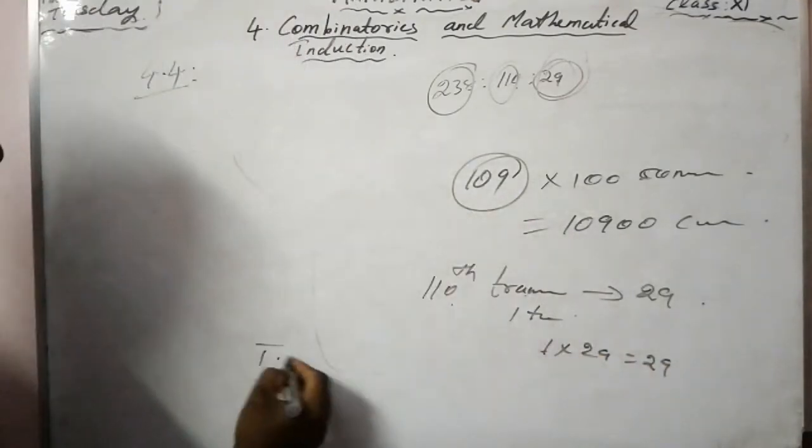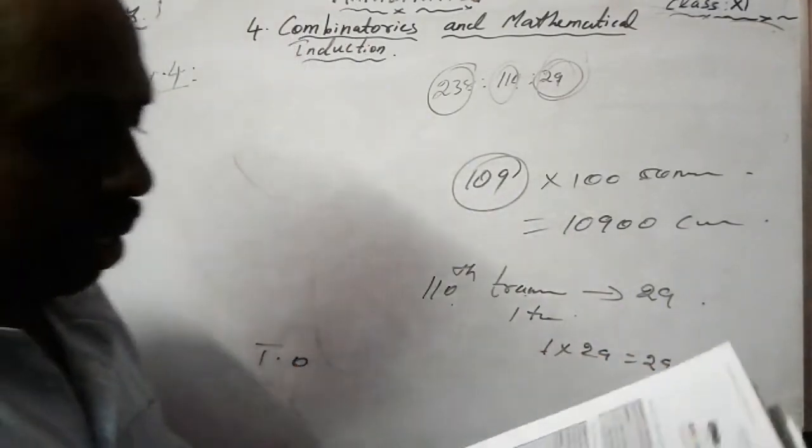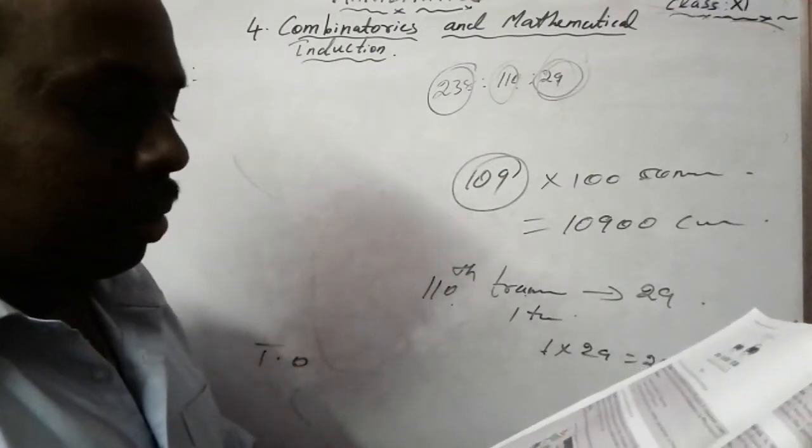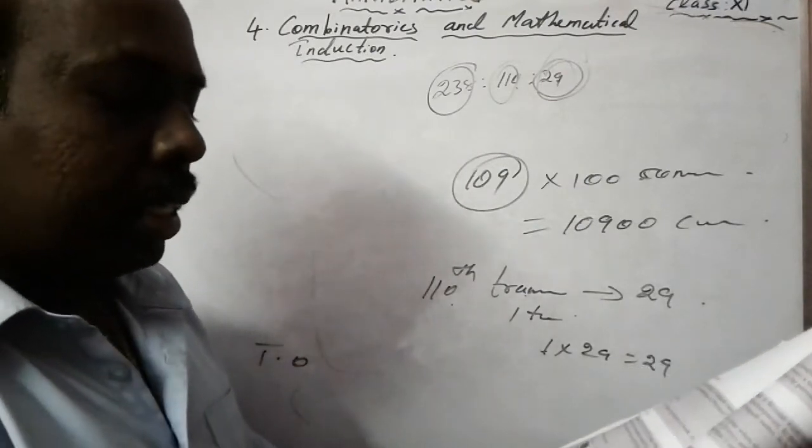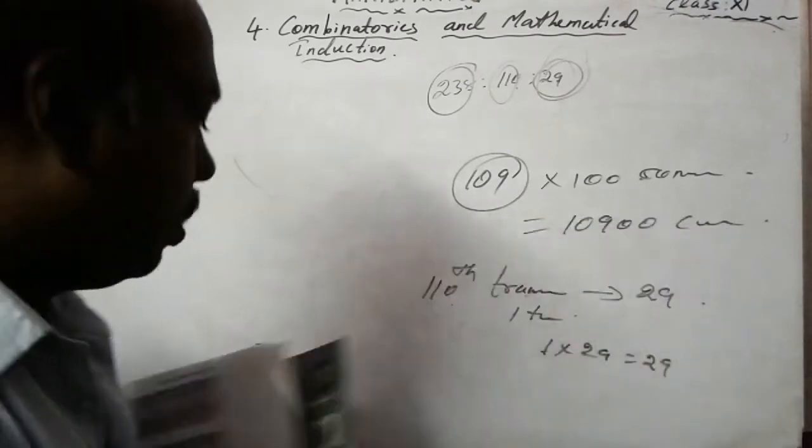Therefore, what they asked is the total number of consumers linked to 238, the larger capacity transformer.